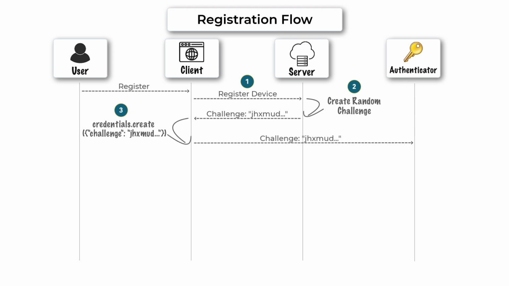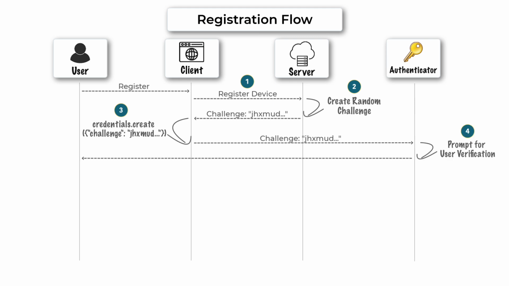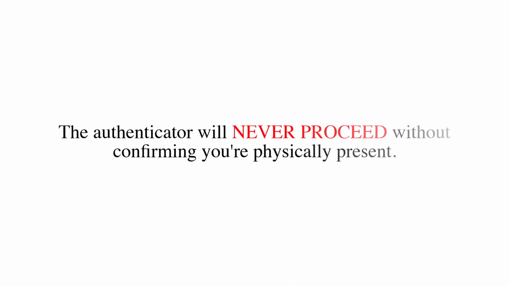At this point, the authenticator steps in, but it cannot respond by itself. First, it needs to make sure that's really you, so it asks for a Face ID, a fingerprint, or just a tap on your phone to make sure you are present. Let me repeat that. The authenticator will never proceed without confirming you are physically there. That's what makes it secure and immune to remote attacks.